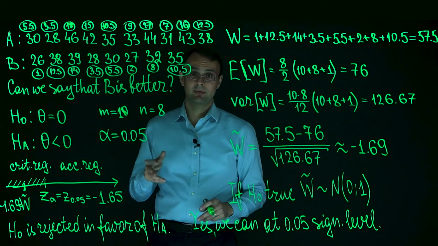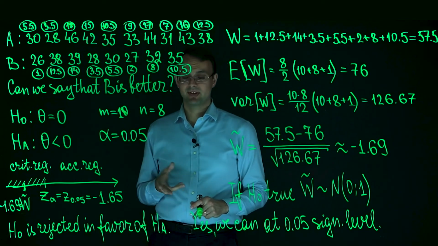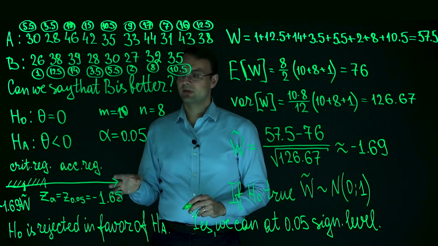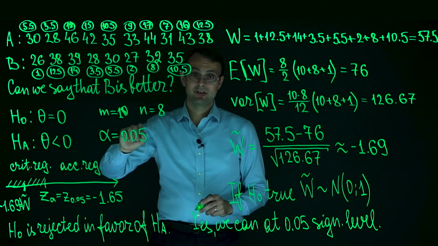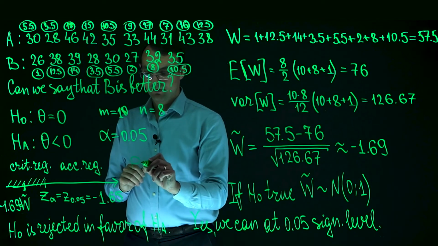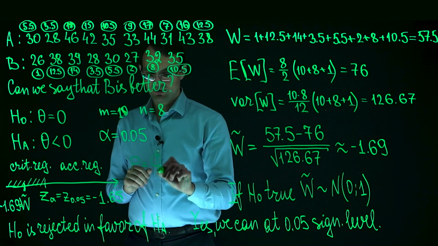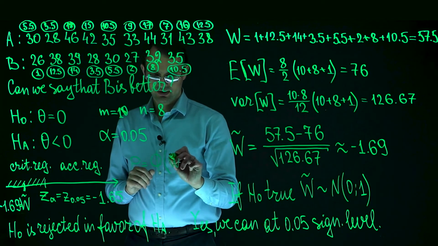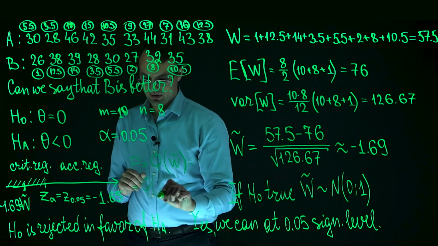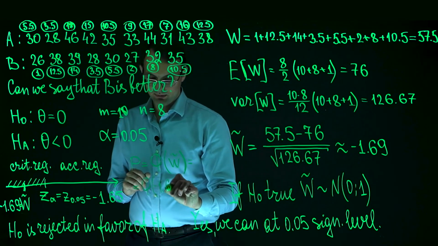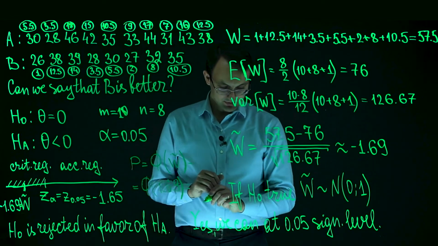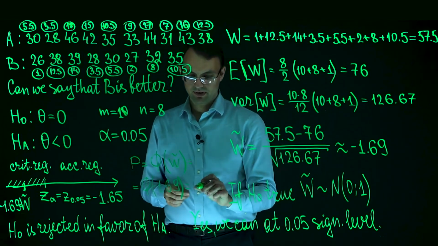We haven't found the p-value for the previous example. Let's do this here, as we have a very simple formula. For left-tailed tests, the p-value is just equal to phi of the test statistic. So phi of minus 1.69 is approximately equal to 0.0455.